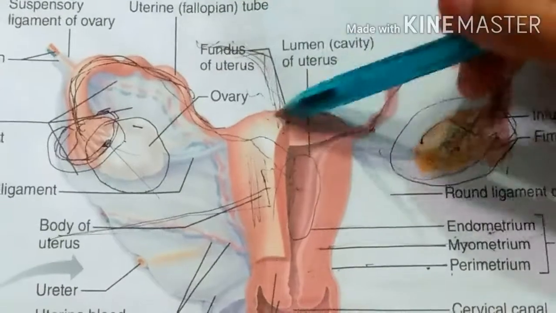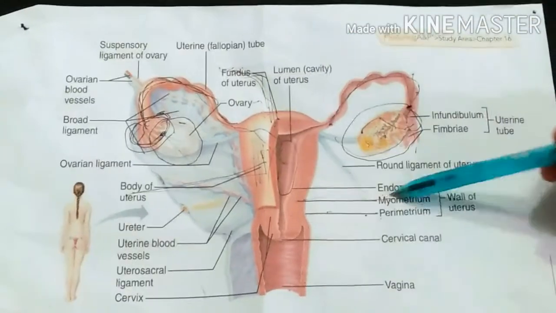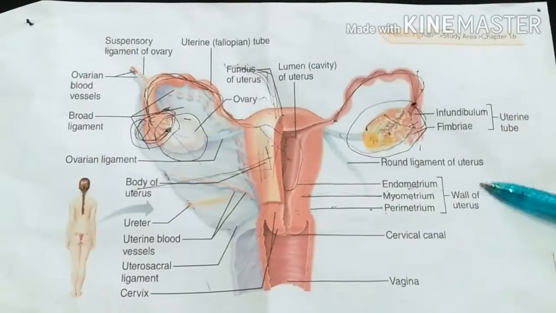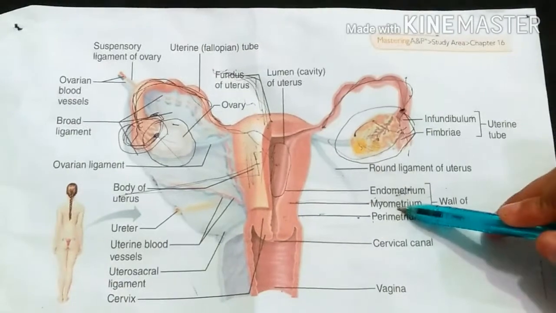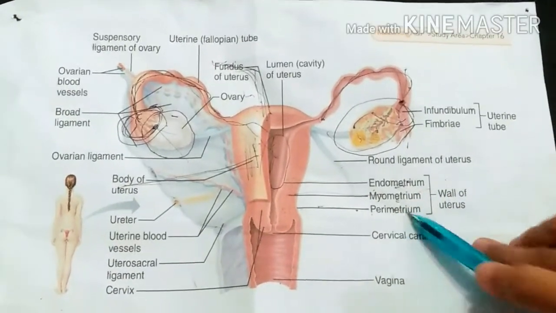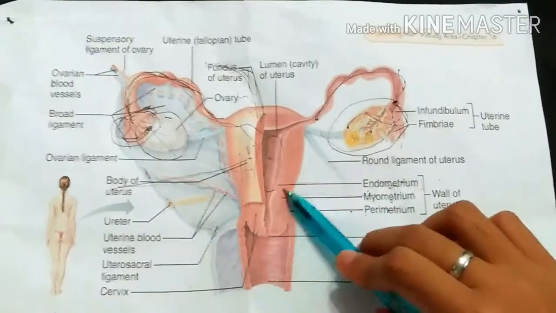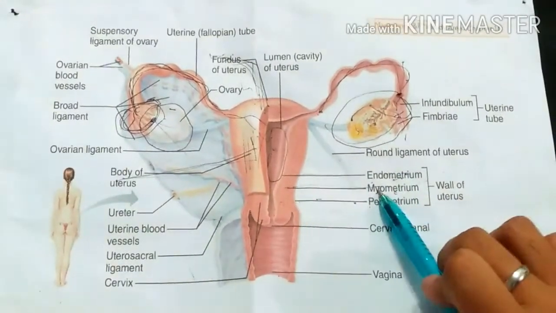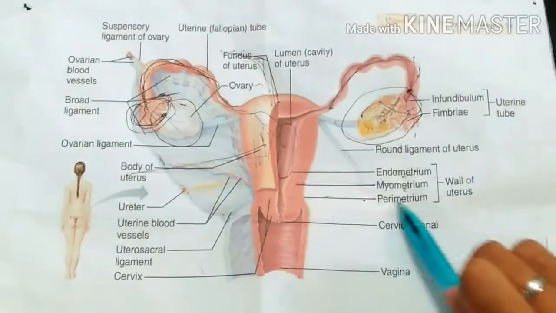This is the fundus, and the uterus has three layers, called the wall of the uterus: the endometrium, the myometrium, and the perimetrium. The endometrium is the inner lining of the uterus, the myometrium is the middle part, and the perimetrium is the outer part.